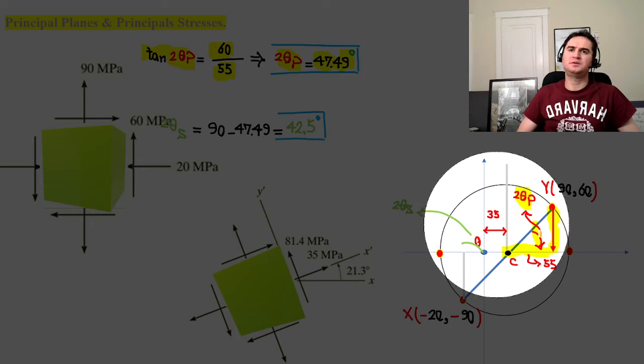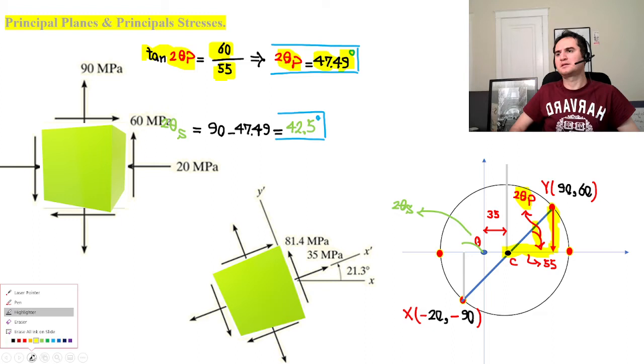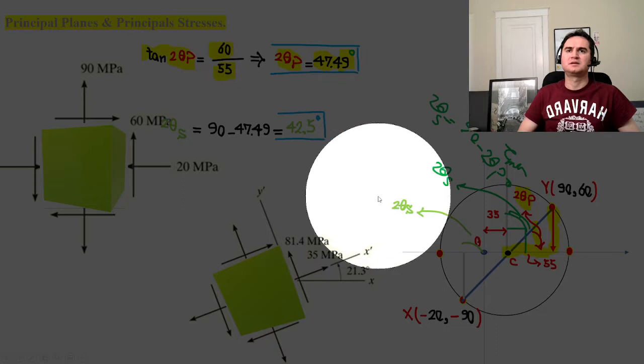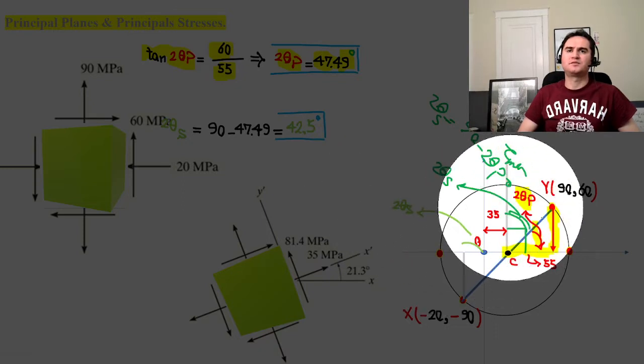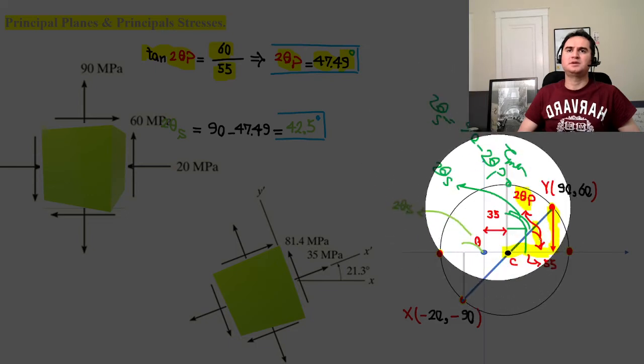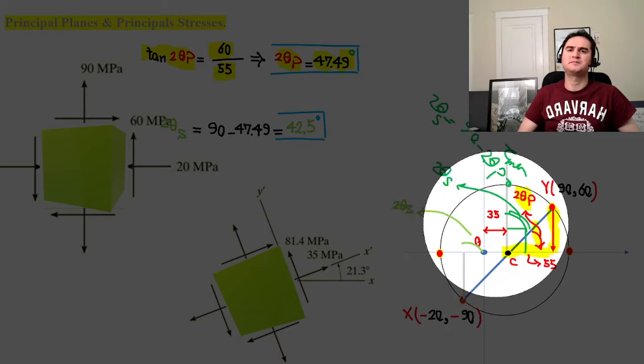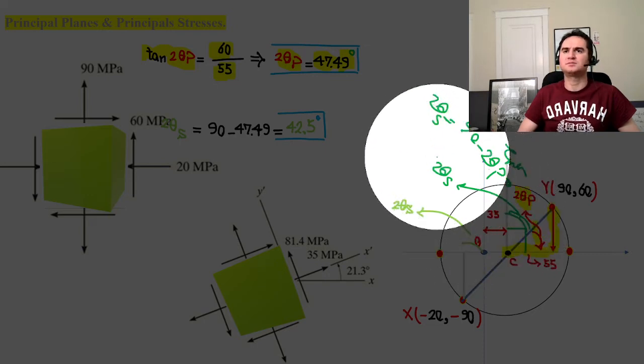If this is 2 theta p, and you go from the origin by 90 minus 2 theta p, it gives you 2 theta s, which is the maximum tau.